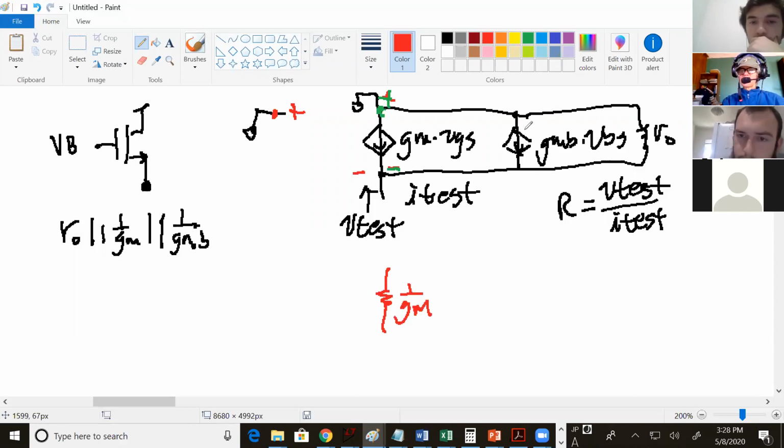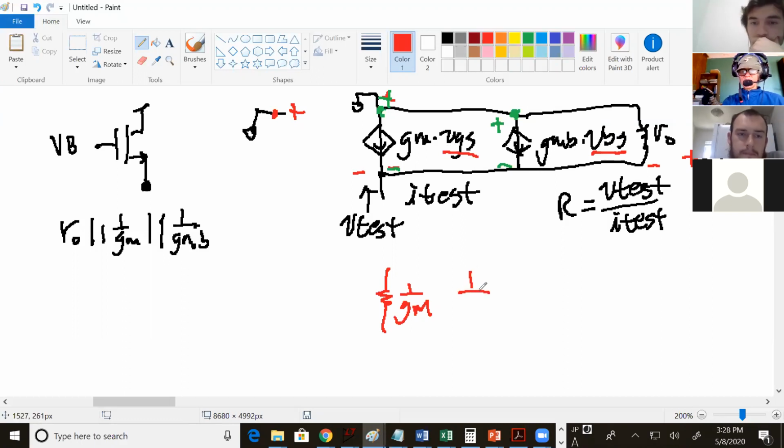What about this? There's VBS there, and then there's the voltage across the current source. The minus here is in the same node, so that's the same voltage. So you just have to figure out if this is the same voltage as that, and is it? Yes, they're both ground. So the voltage across the current source equals the voltage in the equation in both of these cases.